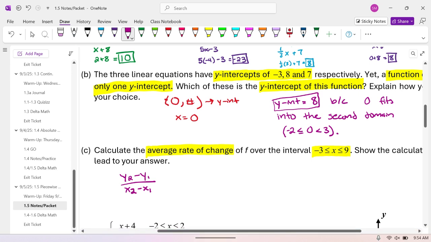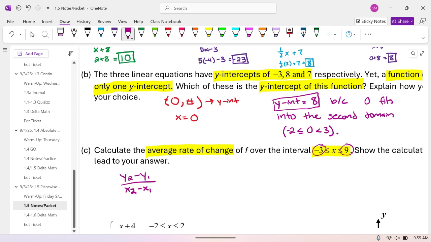So in other words, you subtract your two y's, you subtract your two x's, but you got to make sure that the 2's go together and that the 1's go together. Whatever two parts of the point are together, that's how you keep it in order. Now, the x's they already gave to us.